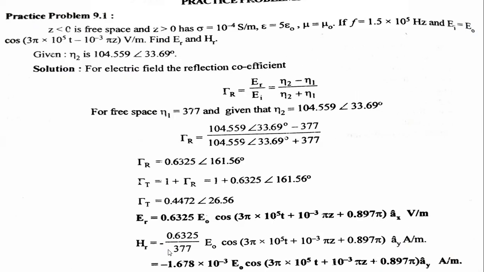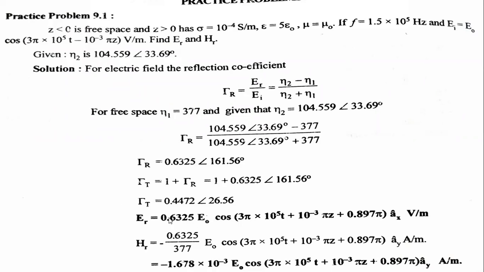HR is nothing but the value of E divided by eta, that is 377. In short, HR is equal to ER divided by eta. What is my ER?